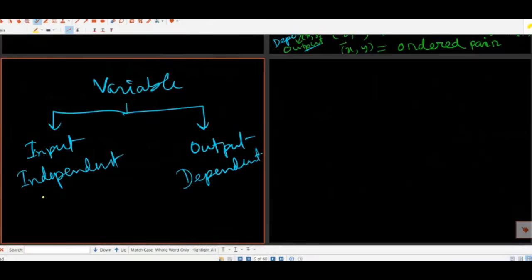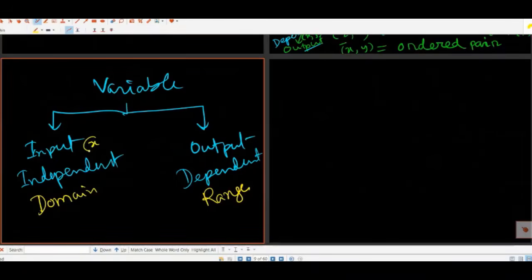For function or relation, you will often see input variables are treated like domain. So you know the term domain. And then output variable is also known as range. The values that you have for input variables are called domain, and the values that you have for Y are called range.